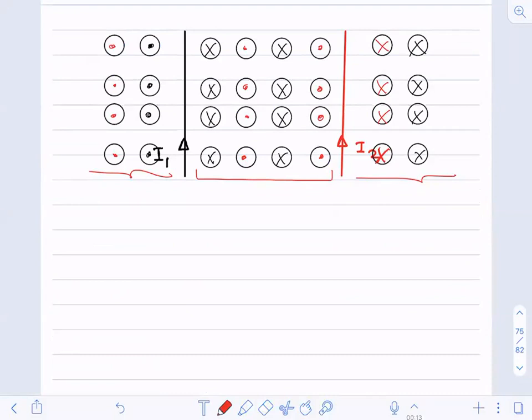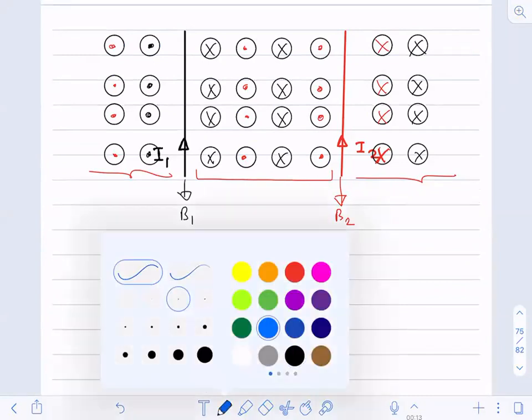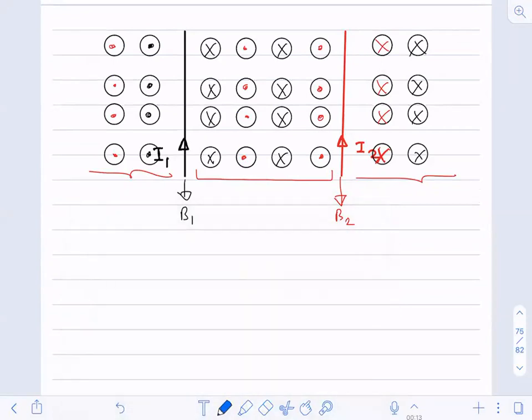The magnetic field created by this wire is B2, and the magnetic field created by this wire is B1. B1 is external field. I'm writing in points now. Just try to understand each point.